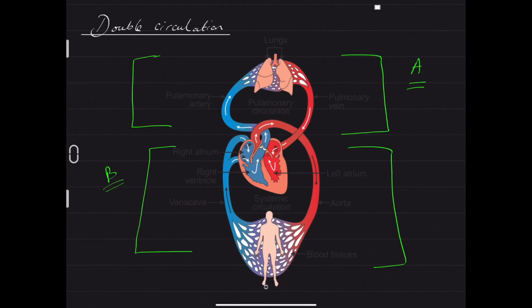So we've got the double circulatory system. I don't want a description. I would like a name of what A would represent and what B would represent. Could you type back your answers or what you think the answers could be? Just a one word or 2-word answer that describes A, and then the same for B. Could you type your answers back on Teams?